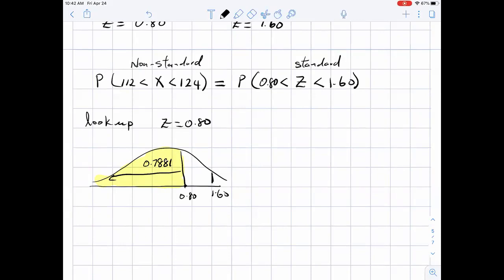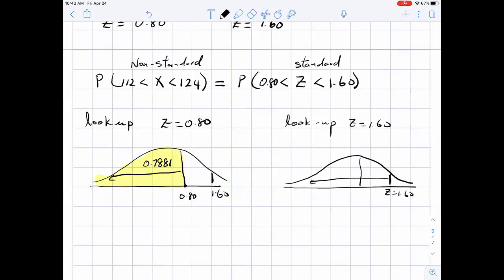Okay. Now, when you look up Z equals 1.60, what you're really looking up is all of this, right?